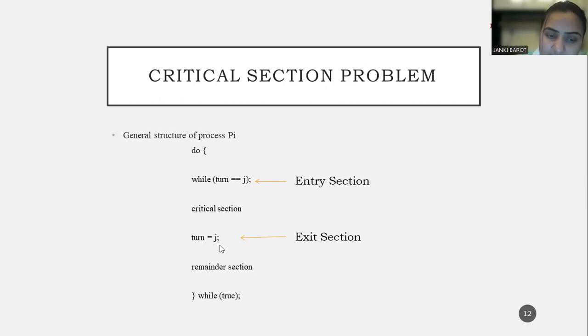It will give this sign. It will turn the value from 0 to 1. So here automatically the value of J will be changed and it will give the sign to another process, that is process B, that now you can enter the critical section. Okay.